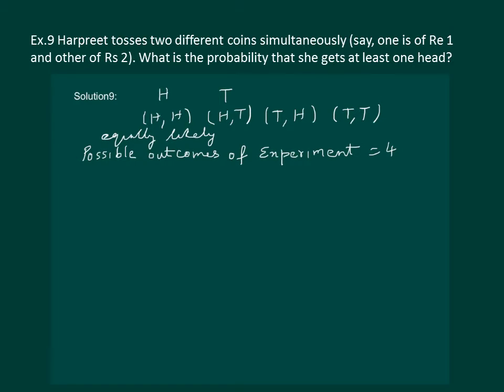We want to find the probability that she gets at least one head. So let us define an event E: getting at least one head.